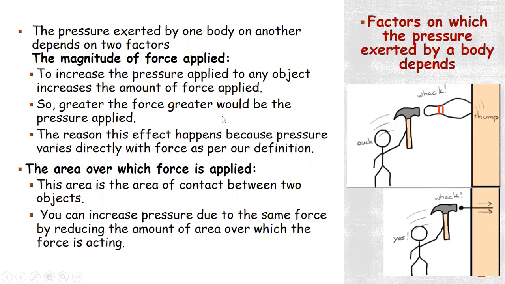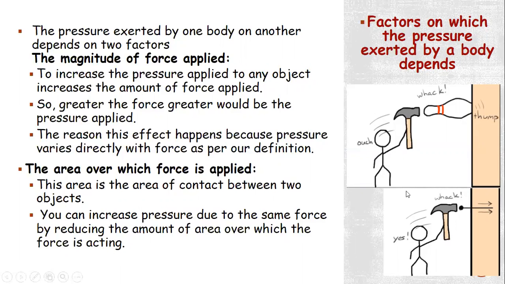So the greater the force, the greater the pressure, and they are directly proportional to each other. Now, the area over which force is applied is the area of contact between the two objects.